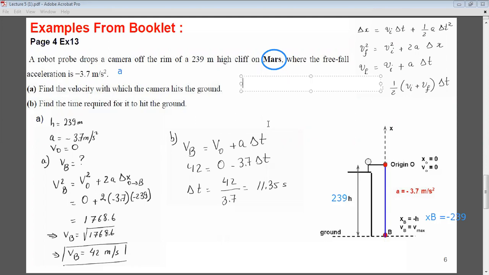We have acceleration. We have the height, right? So we have the displacement actually. We have the displacement from where to where? From O to B. So we have delta X from O to B.